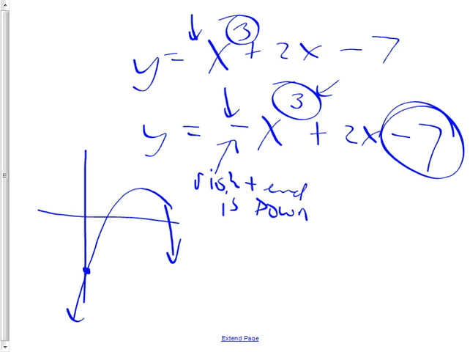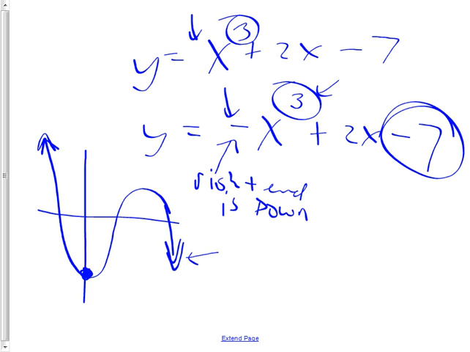No, because that's even. You know why it's even? Because both ends are going down. Okay, so that can't be it. So I can try faking it again. What if I were to go like that? I'm assuming I hit the point, okay? Could that possibly be this graph? Because its y-intercept is negative 7, and it's odd, and the right end is down, and it's odd because they're going opposite directions. See, you're learning lots of little things. All right.